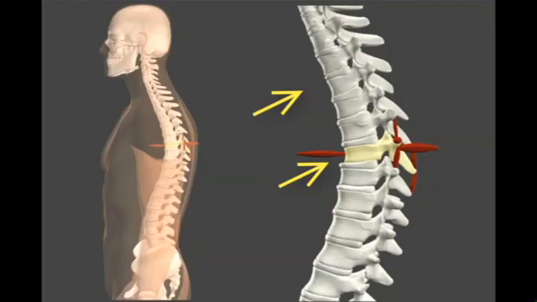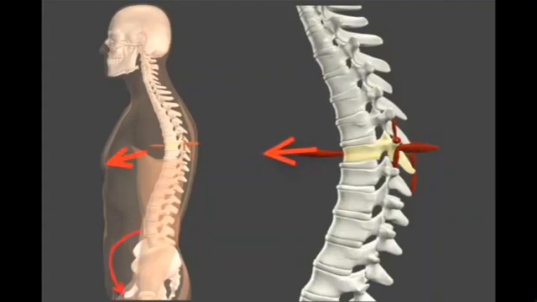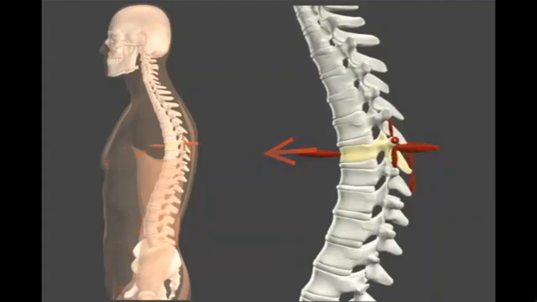But if that goes backward, you have muscles here that go from the front of the spine to the front of the body. Actually, that would be to the back of the ribs in your chest, and they could pull that forward. And then down here you have muscles that go from the front of the spine down to your pelvis, and this happens all the way up and down your spine. So if you have a vertebra that goes backward, you can easily self-correct them and pull them forward.